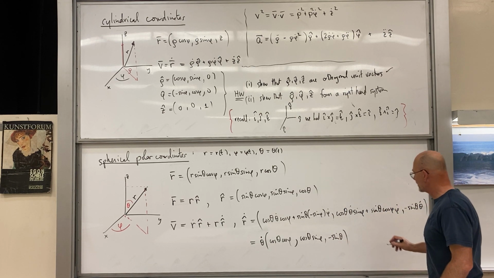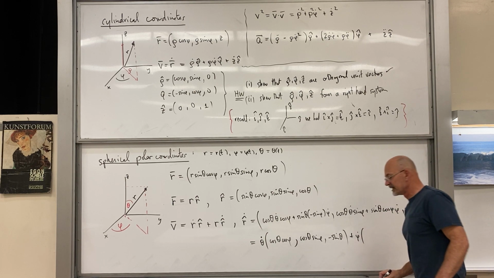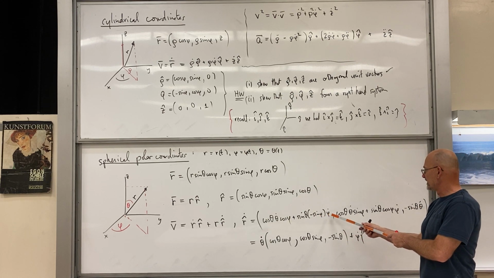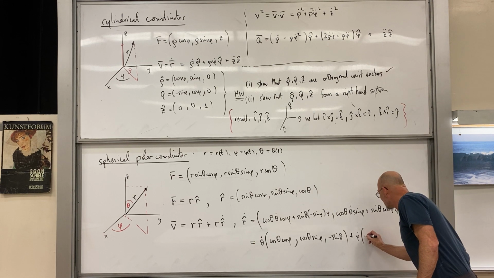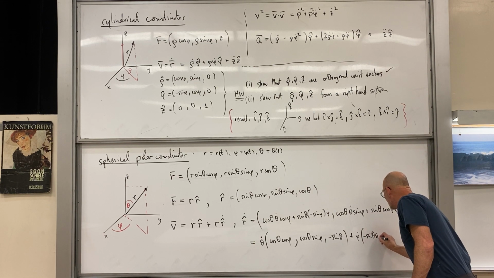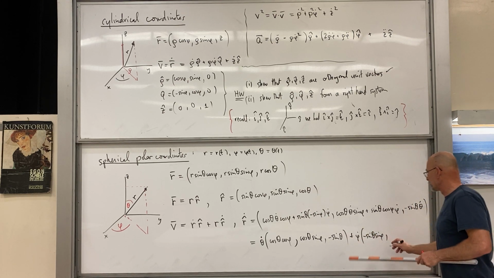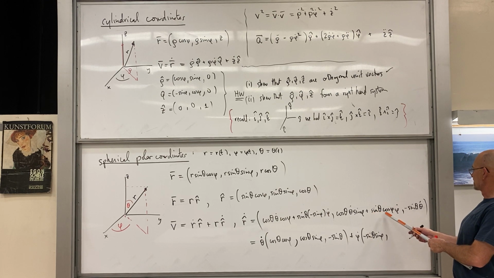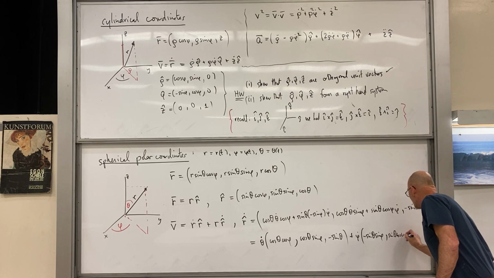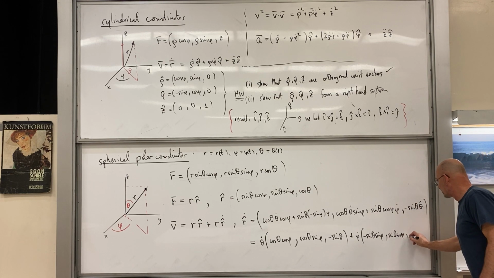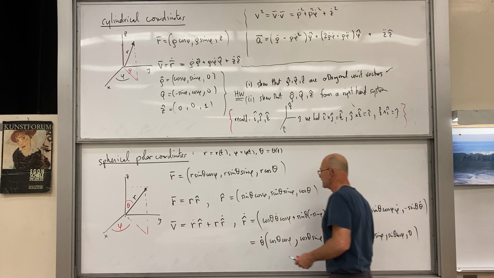And then this next one, we'll pull out phi dot, and let's see what we have here. Phi dot will have minus sine theta sine phi, sine theta cos phi, and we'll have 0. Okay, so let's send this up and keep working.